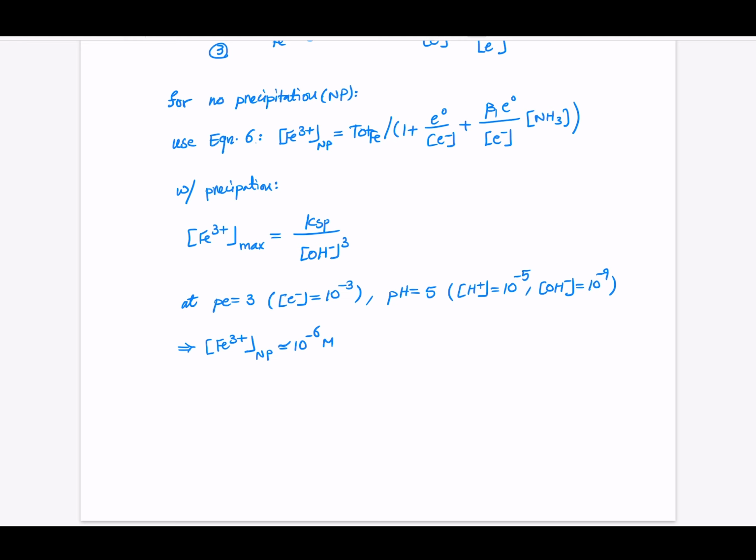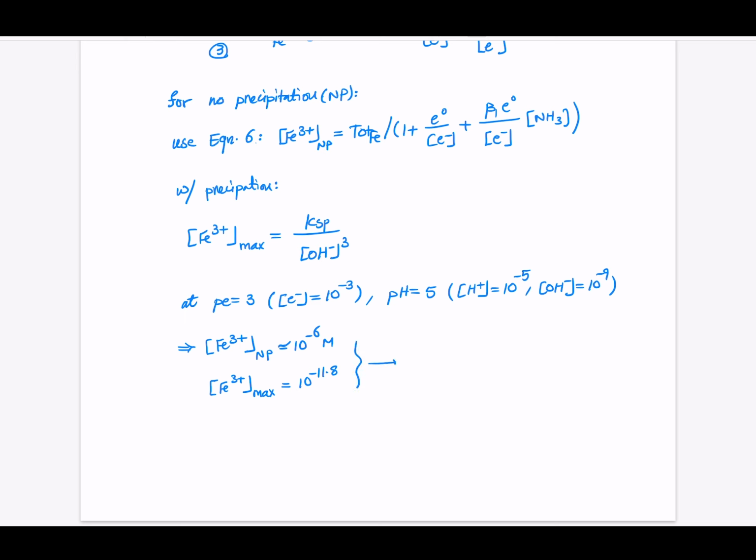And then we can do the same calculation for Fe3+ max using the precipitation scenario, and that would be 10 to the minus 11.8. And no surprise, because the solubility constant, Ksp, was so low that we're expecting a lot of precipitation. So a small concentration of Fe3+ in the solution.